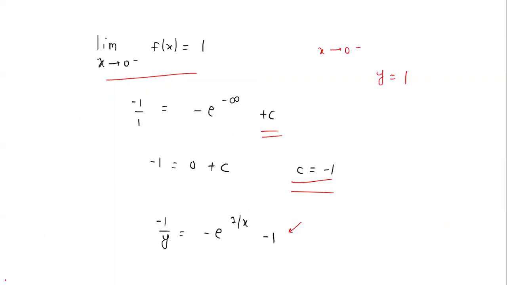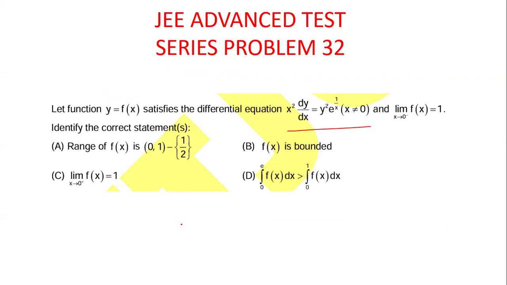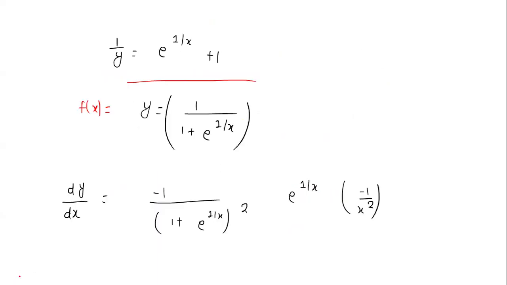Now we have to tell about this function's properties. So we got function f of x as 1 divided by 1 plus e power 1 by x. Now if you differentiate this function, the differentiation is minus 1 divided by 1 plus e power 1 by x whole square, and this inside thing's differentiation is e power 1 by x differentiation, which is e power 1 by x, and 1 by x differentiation is minus 1 by x square.